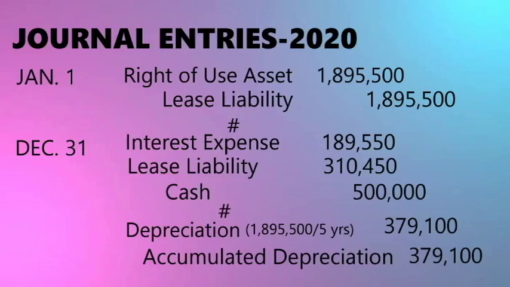So, kailangan nating i-identify kung ano yung shorter sa lease term and useful life of building. So, sa case na to, mas maliit yung lease term. So, i-divide natin siya sa 5 years. So, 1,895,500 divided by 5 is equal to 379,100. So, for the succeeding years, parehas lang yung process ng pag-e-entry.